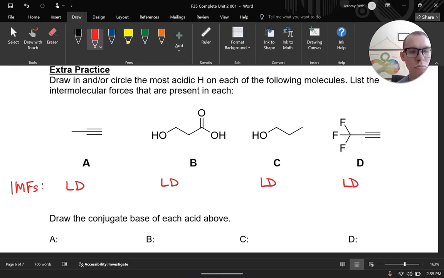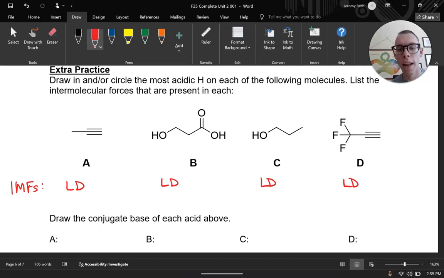In A, I don't have any OHs, NH2s, NHs, so I don't have any hydrogen bonding. And I don't actually even have anything electronegative. It's all just carbons and hydrogens, so I don't even have a dipole. So in A, I only have my London dispersion forces. If I look over at B, I will have a dipole because I have some electronegative stuff.